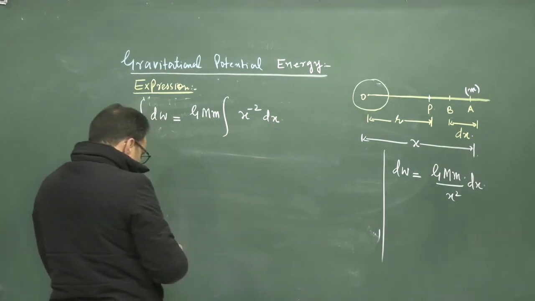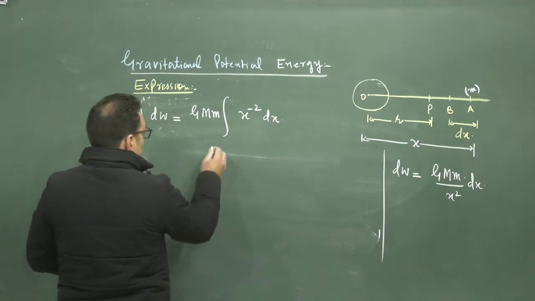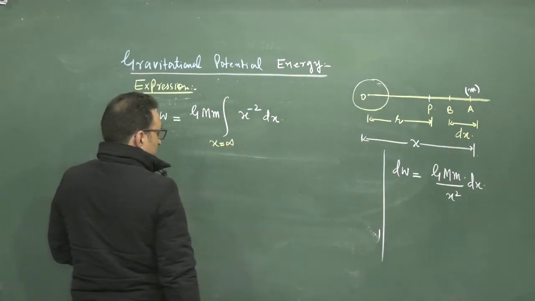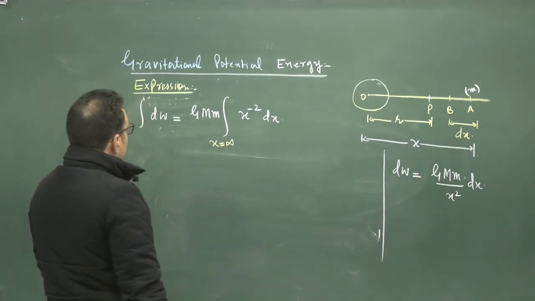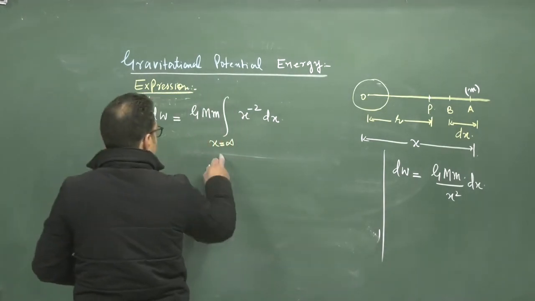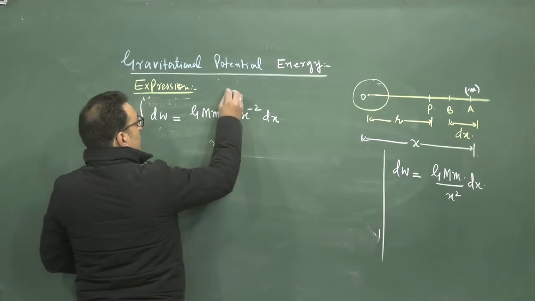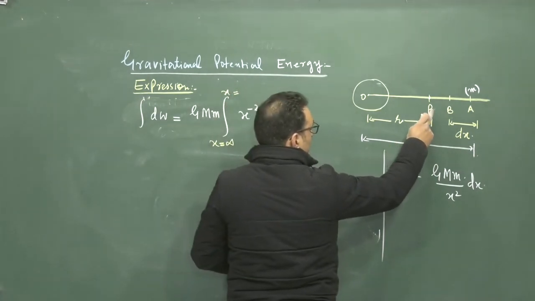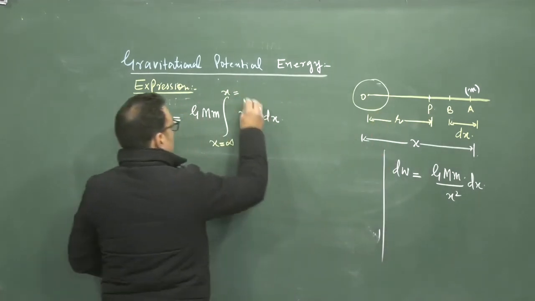Now, the limits of integration are, here you have x equals infinity, because at infinity we can take the gravitational potential energy to be 0, x equals infinity to x equals this distance of point P from the center of Earth, that is r.